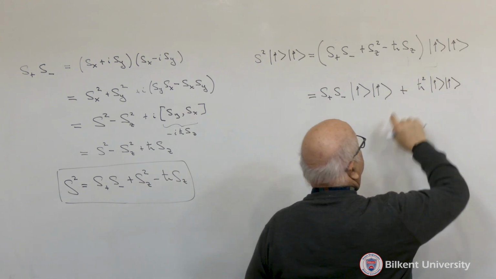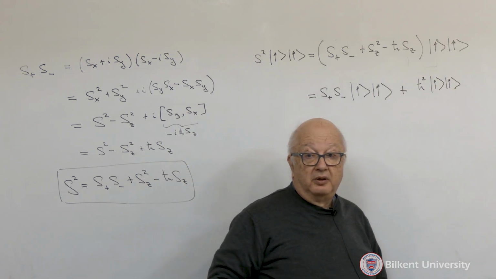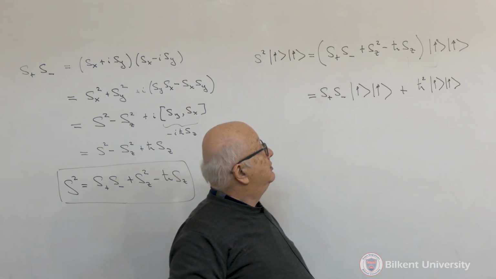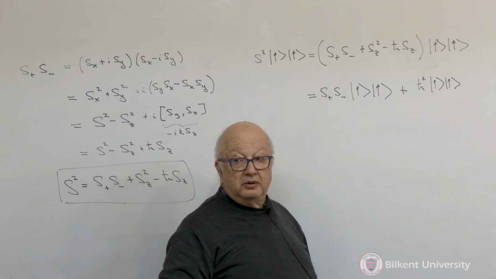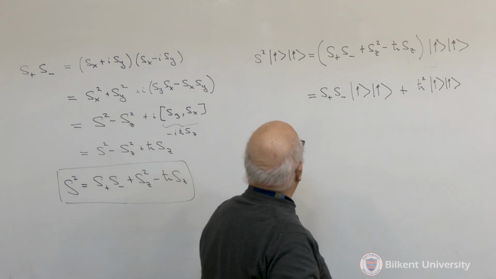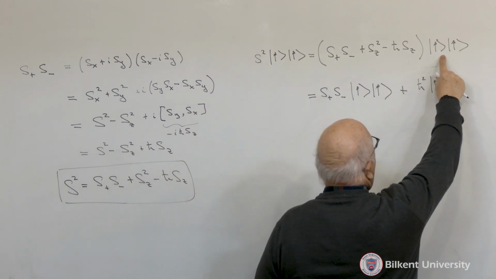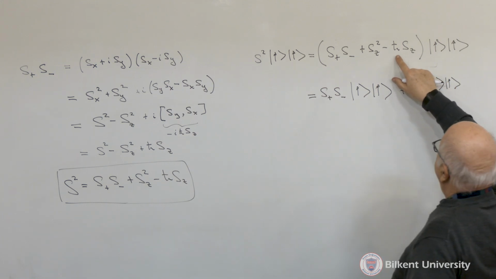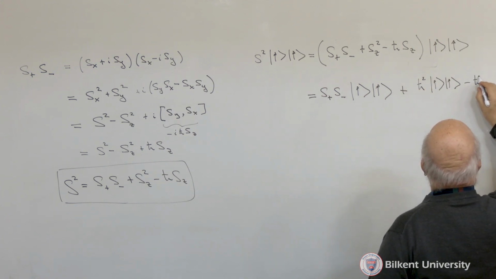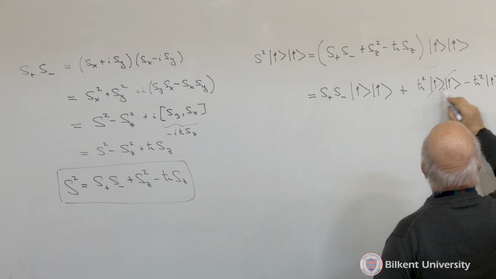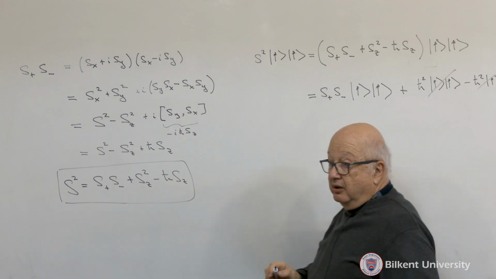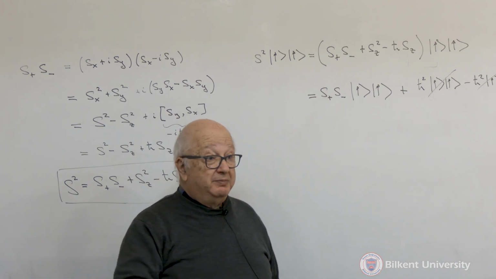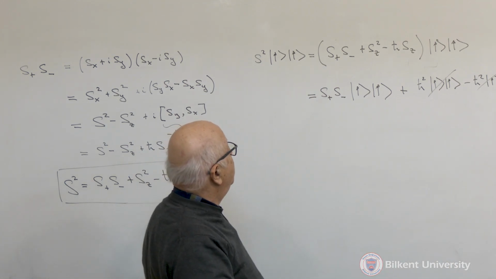What about this one? Minus ħ squared, since there's the factor of ħ there as well. This S_z operating on that, remember, was ħ times the same thing. So I have another ħ there, so it's going to be minus ħ squared up. So that's very nice. These two terms cancel. So I still have to calculate this S plus S minus business, right?